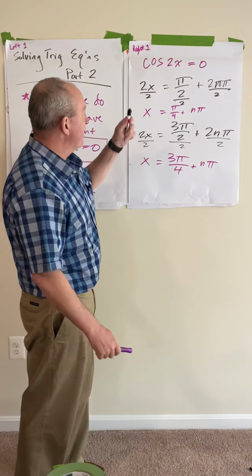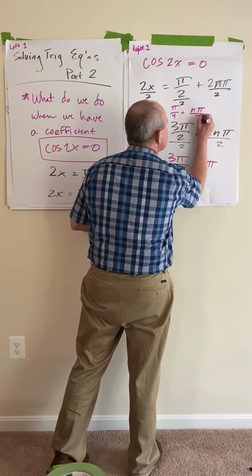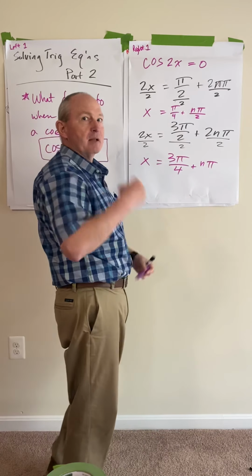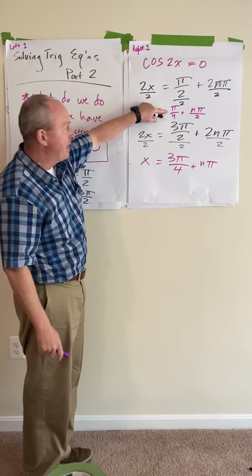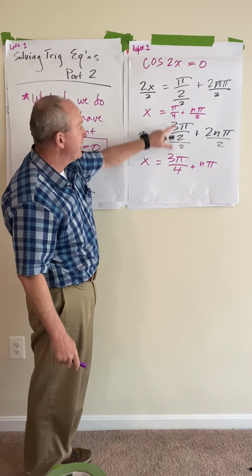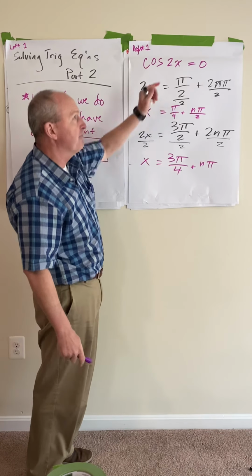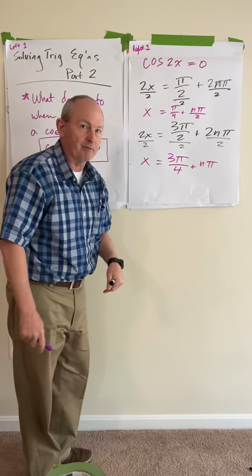But if I went pi over 4 plus n pi over 2, then I would get pi over 4. And if I added pi over 2 to it, I'd get 3 pi over 4. And if I added pi over 2 more to it, I would get 5 pi over 4. And if I added pi over 2 again, I would get 7 pi over 4.